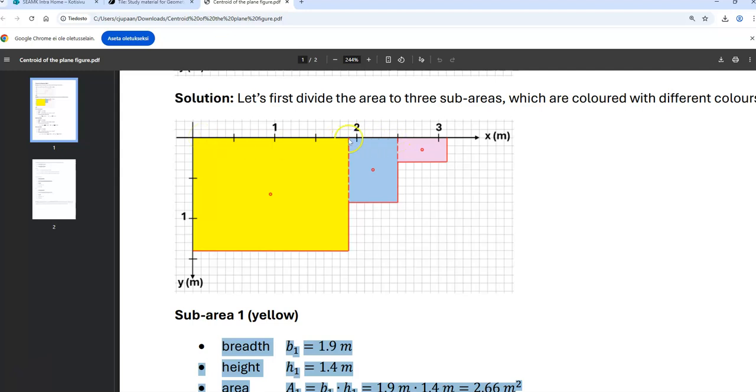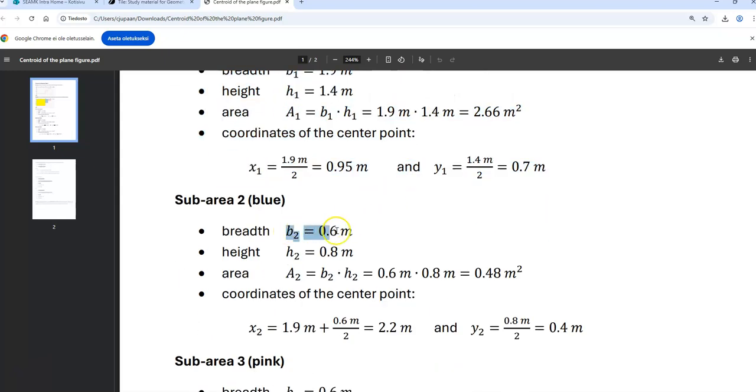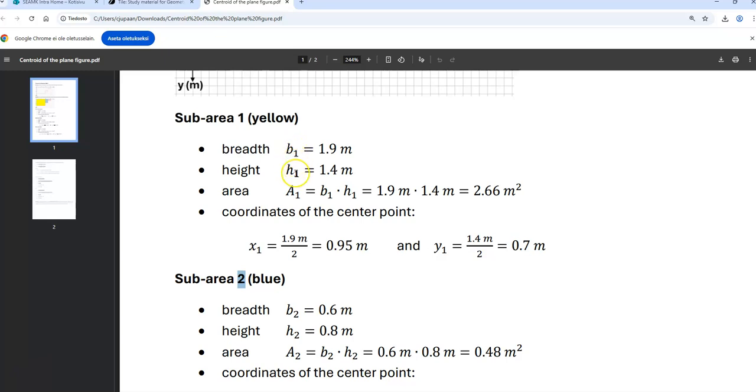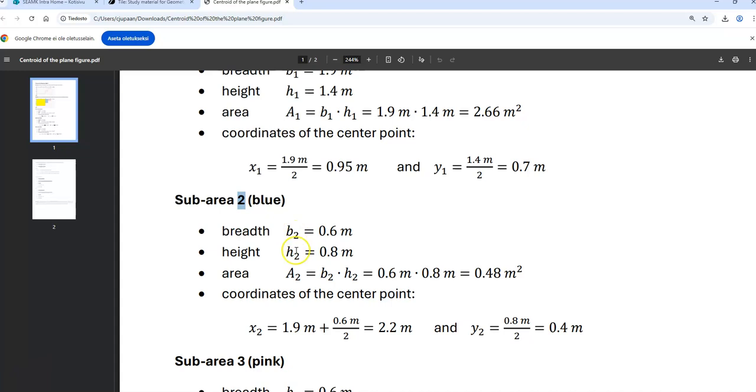So the breadth of this figure will be 0.6 meters, as we are seeing here. The subscripts are denoted with the number of the sub-area. So in the first area we have only number ones there, and then here we use 2 as a subscript.